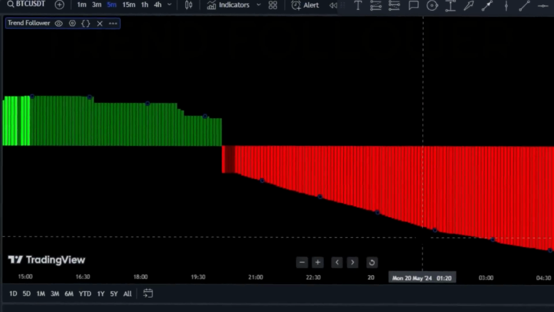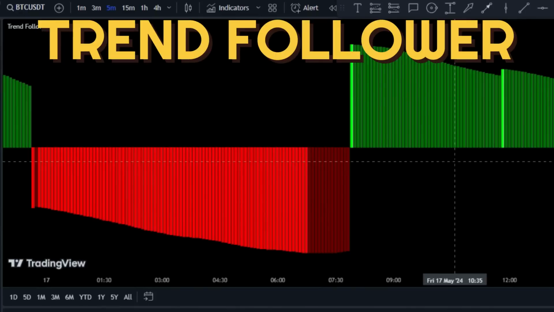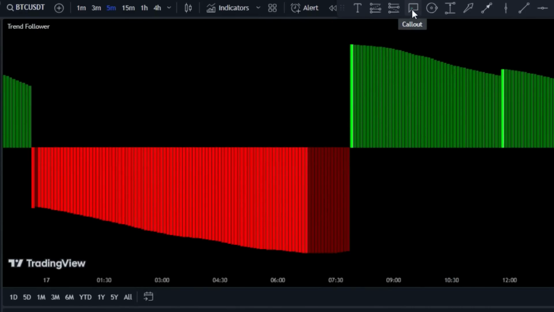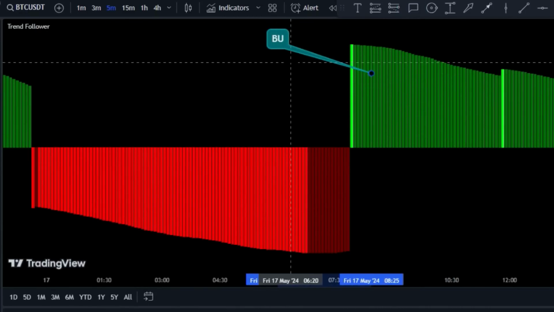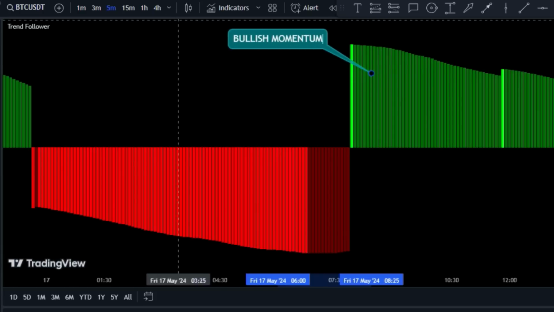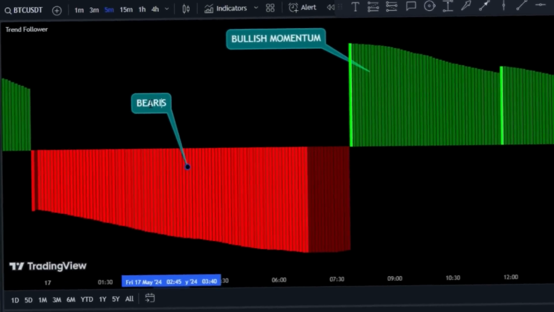The trend follower is an oscillator, which means it shows you the market's momentum. Here's how to read it. If you see green columns, that means the market's got a bullish momentum. And if columns are red, the momentum is bearish.